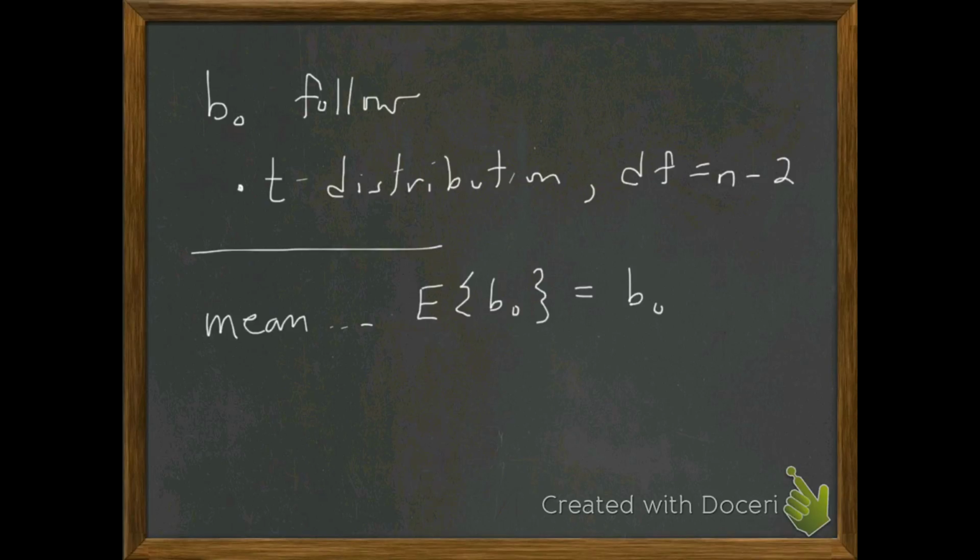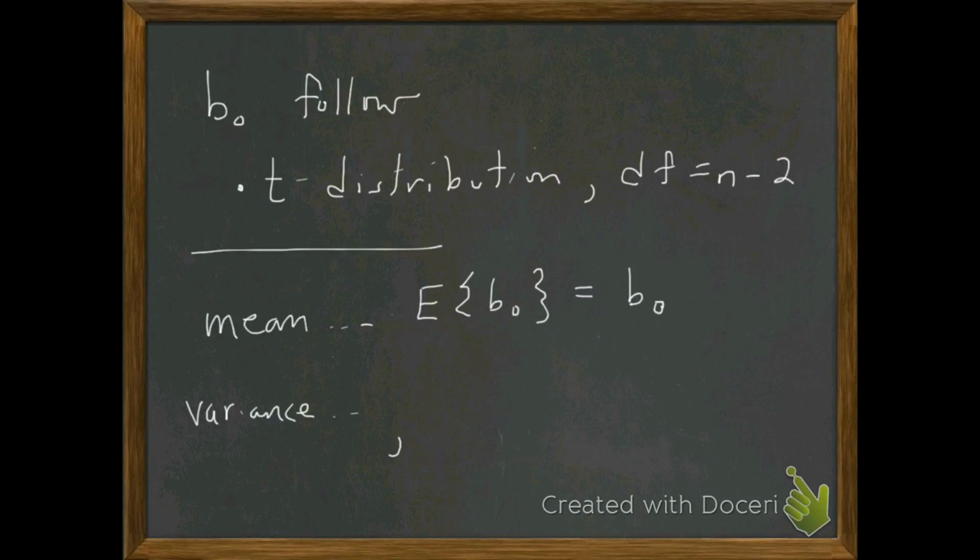So our beta 0 is estimated by b0, and systematically over a long sequence of trials, it doesn't tend to overestimate or underestimate. It's always a good thing.